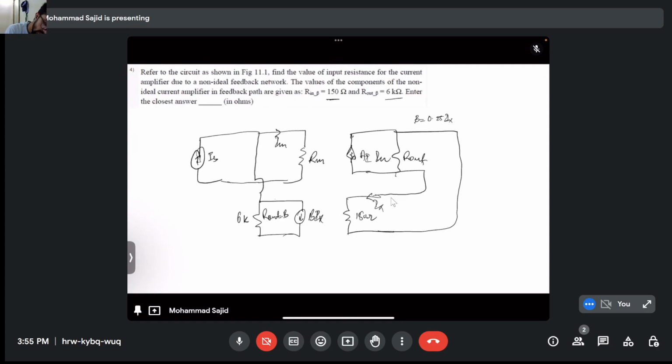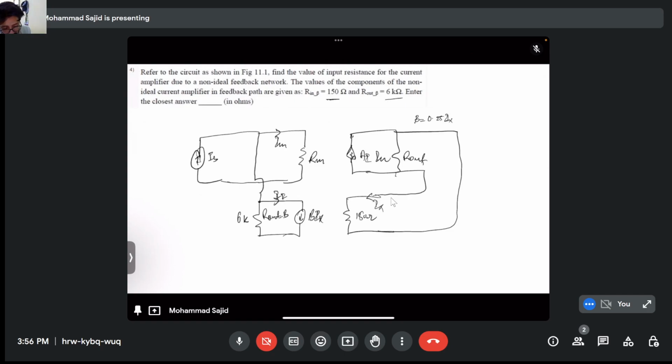Initially, the I F current flowed through only this network. Now we have another resistor that is 6K. So my I S will flow through I in, 6K and R in 6K, and this is beta I x.